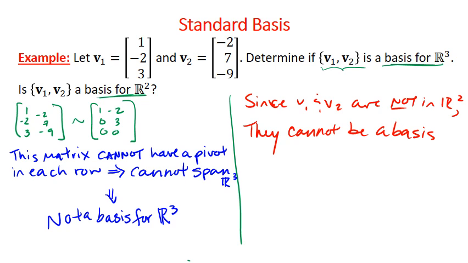So that's pretty straightforward. Now, one thing I will mention is that V1 and V2 are linearly independent, so they are a basis for the subspace of R3, but specifically the span of V1 and V2.